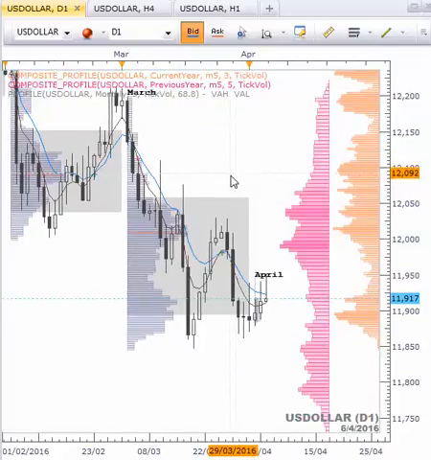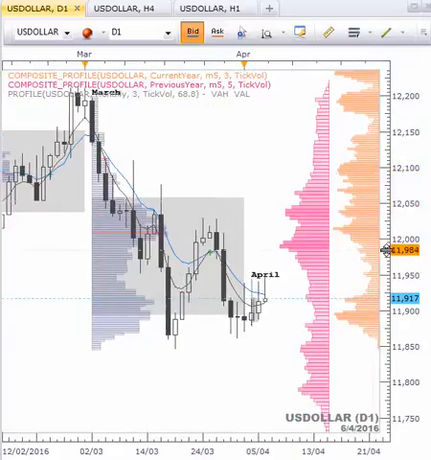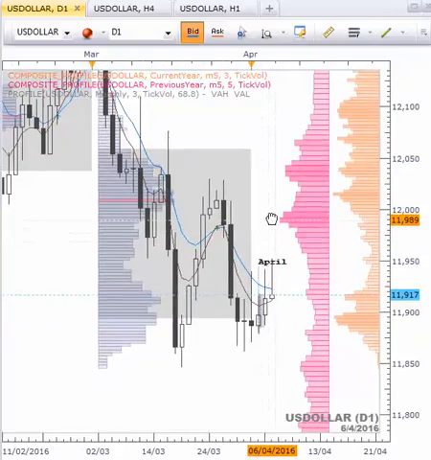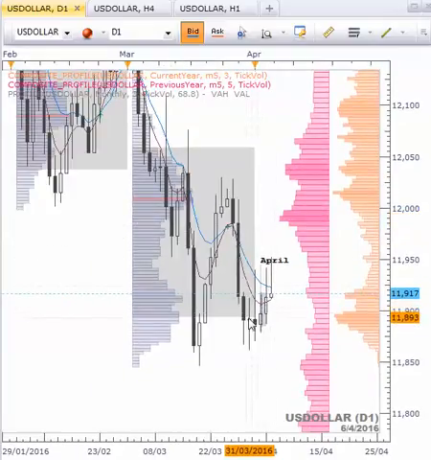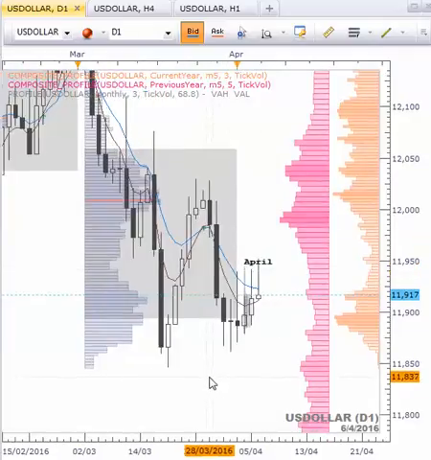So I'm trying to determine, when I look at this, what am I trying to do? I'm trying to understand what's the direction for today, and potentially where are the highs and lows for today.